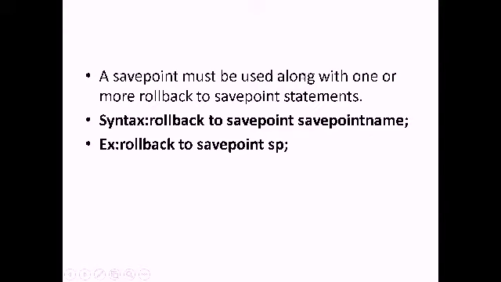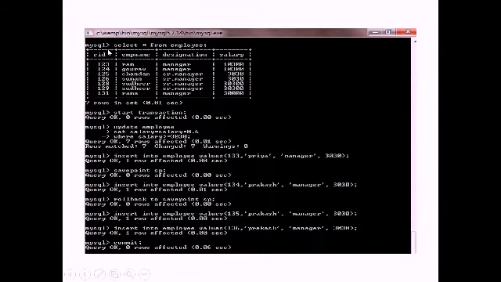Okay, I will take you through an example now. See here a table, employee, which is showing the data here. 1 2 3 4 5 6 7. So 7 rows in set are there in the employee table, which has employee ID, employee name, designation and salary. Now here I have started my transaction.